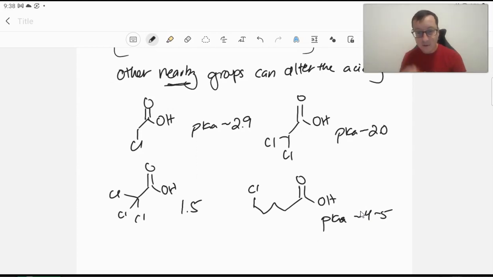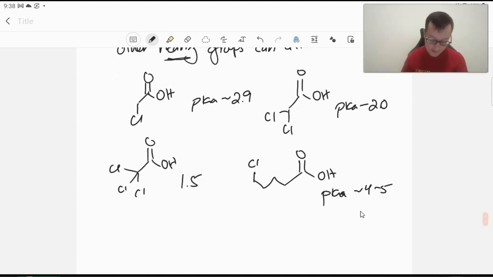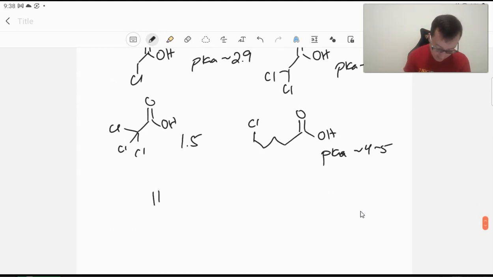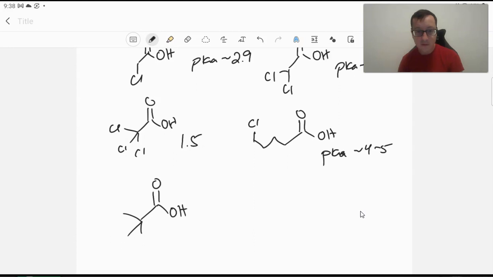If you have donating groups, on the other hand, if you have an electron donating group, say a t-butyl group, roughly donating, this pKa will be 5-ish. So a little bit higher. Acetic acid pKa is 4.74. This one might be like 4.9, might be 5.